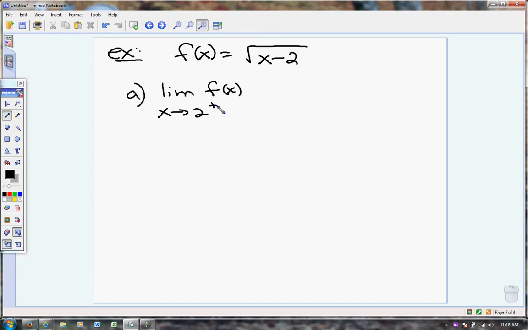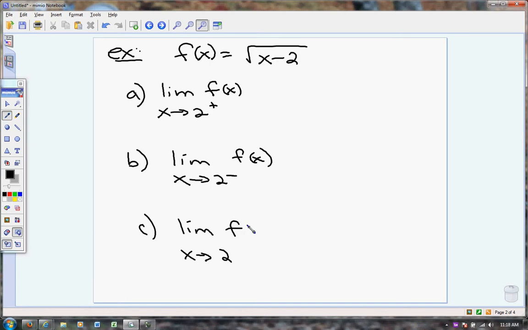We're going to look at it as the limit as x approaches 2 from the left. And then we're just going to look at it as the limit as x approaches 2. Okay? We're going to look at all three scenarios.